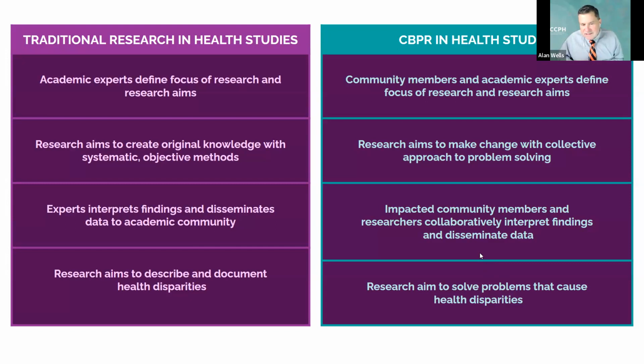Lastly, traditional research aims to describe and document health disparities, as I've touched upon before. In CBPR, the research aims to solve problems that cause health disparities. We are more solution-driven. You go beyond documentation to problems in the field.